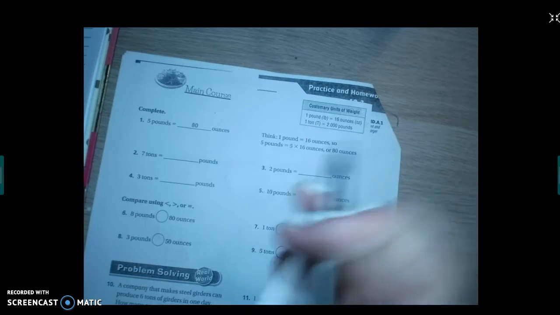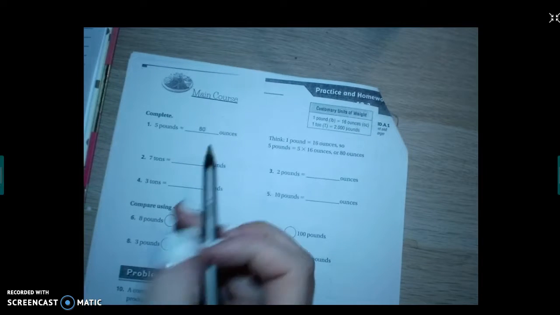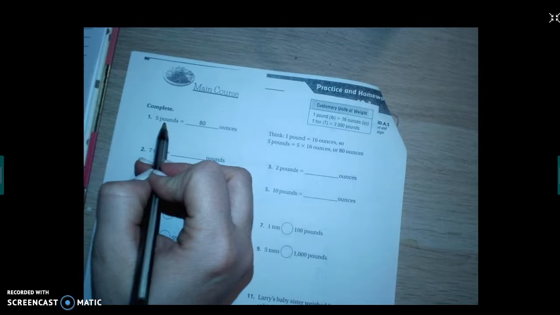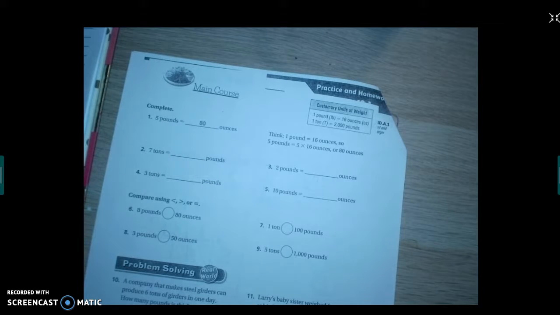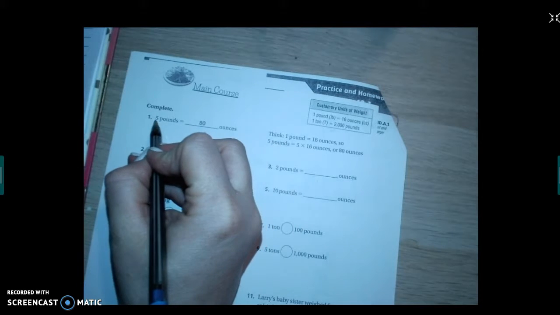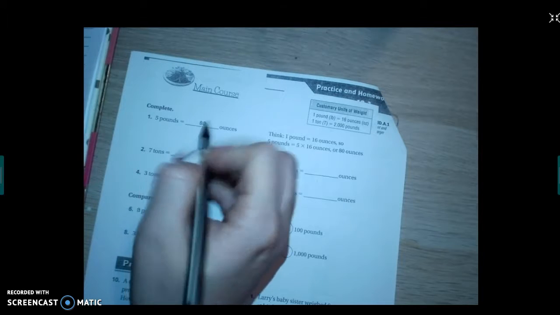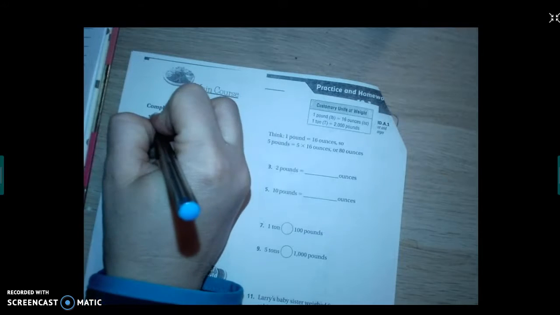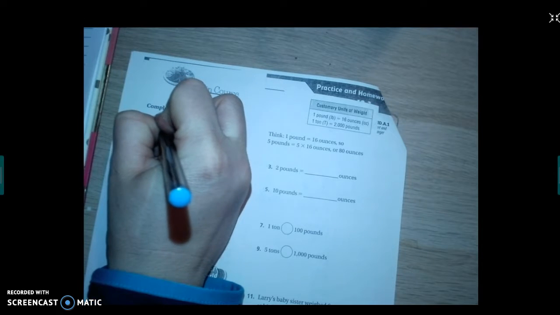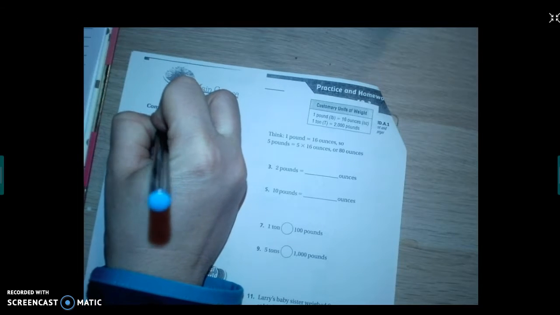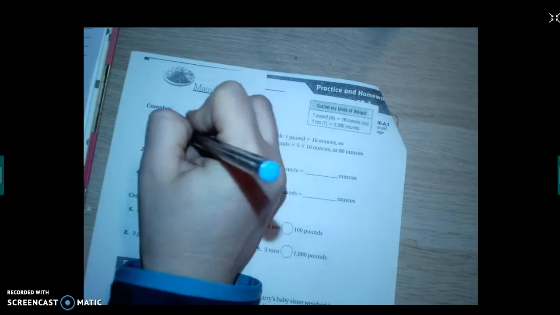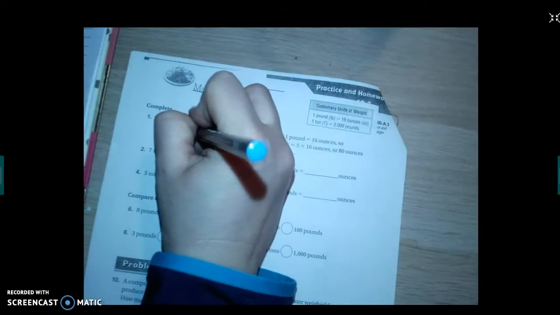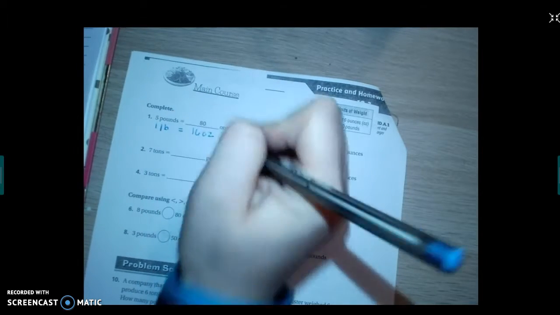Okay, so here, I know this one's already done for you, but I'm going to show you how I want you guys to look at these. 5 pounds is equal to how many ounces? Okay, and then we know it's 80, but we're going to say, well, I know that 1 pound, and I'm doing LBS, or LB, equals 16 ounces.